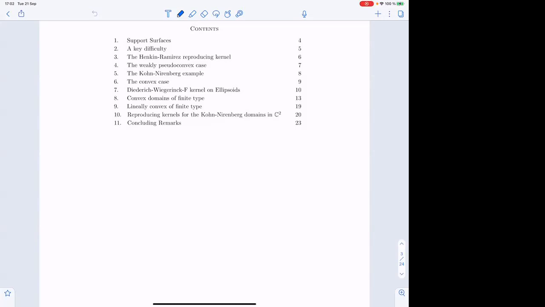Then I will talk about more general domains of finite type, and then linearly convex domains of finite type. Then I will go back to Henkin Ramirez reproducing kernels for a special domain in C2, the Kohn-Nirenberg domain that I mentioned earlier. And then some concluding remarks.